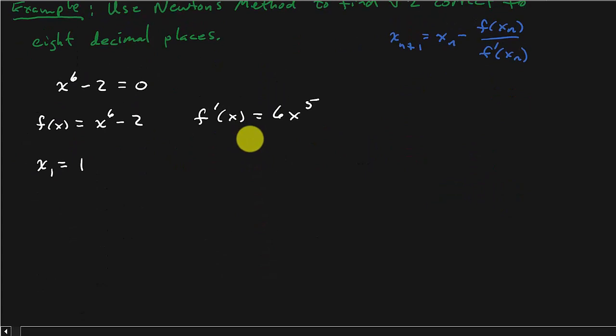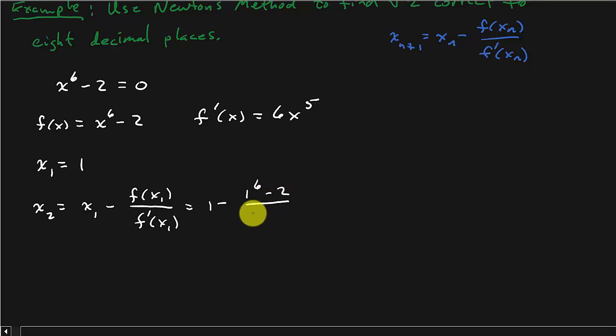So we have x2 is equal to x1 minus f of x1 over f prime x1, which is 1 minus, now let's see, that's going to be 1 to the 6th minus 2 over 6 times 1 to the 5th.